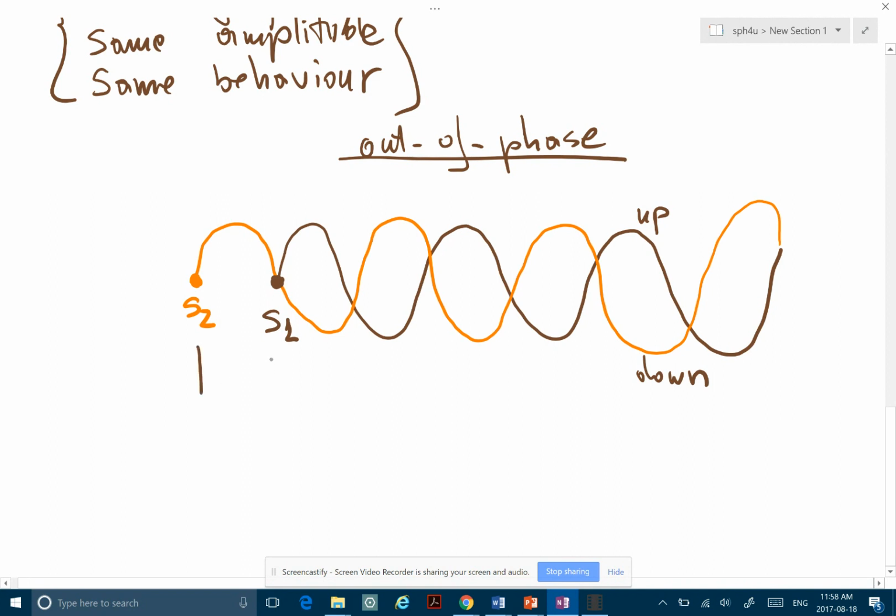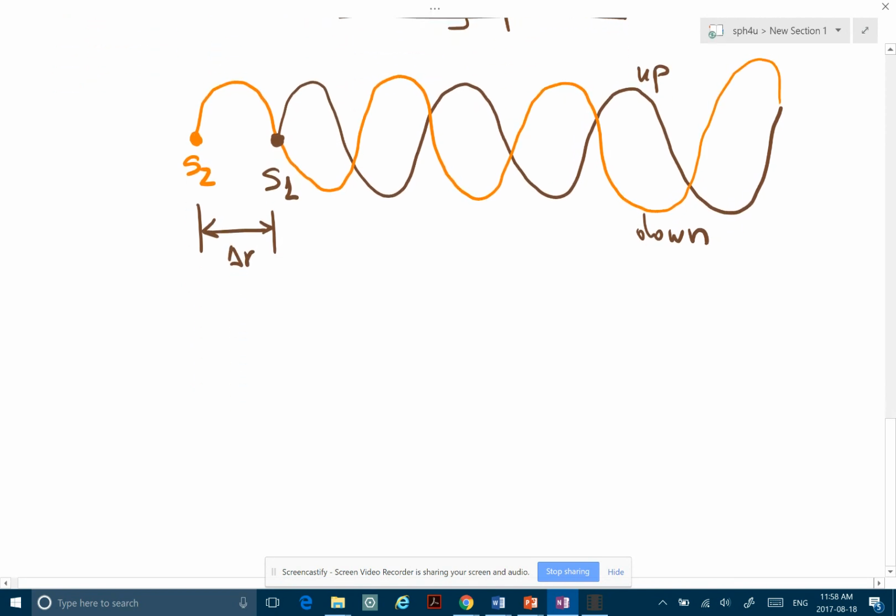And again, when does that occur? When the two sources are at a distance, as you can see, of half a wavelength, all right? So out of phase means the two waves are behaving exactly the opposite.